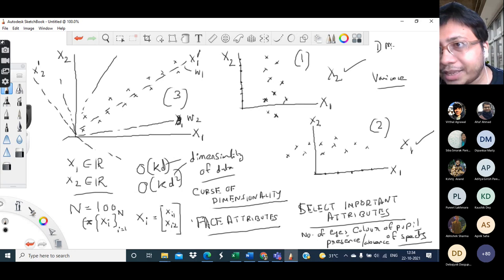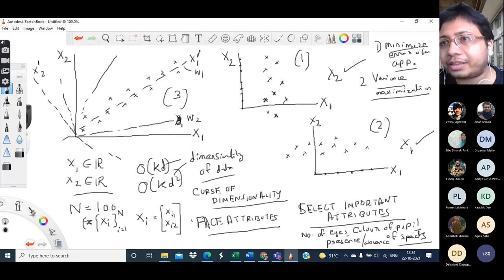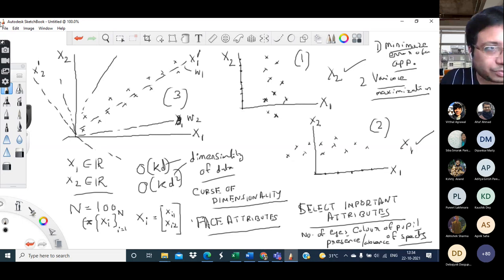One is minimize the error of approximation, and the second thing is maximize the variance. Both are useful for this purpose. So one is a minimization, the other is a maximization.